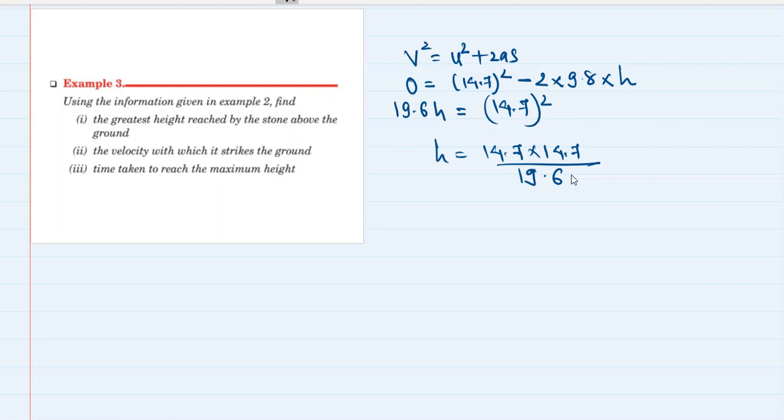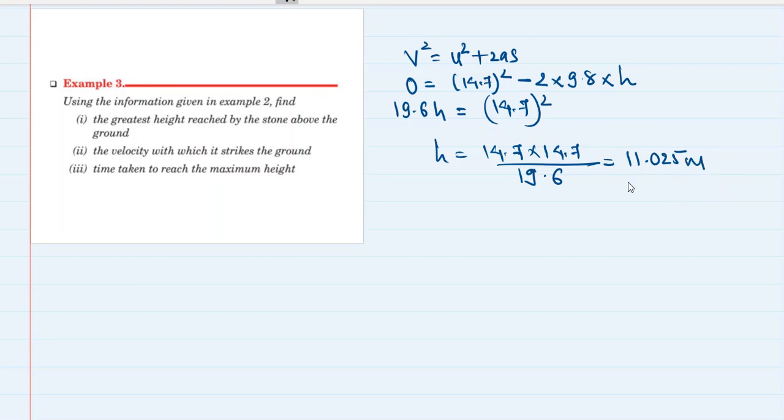So we have 14.7 multiplied by 14.7 divided by 19.6. So we get approximately 11.025, or 11.03, or 11 approximately meters.